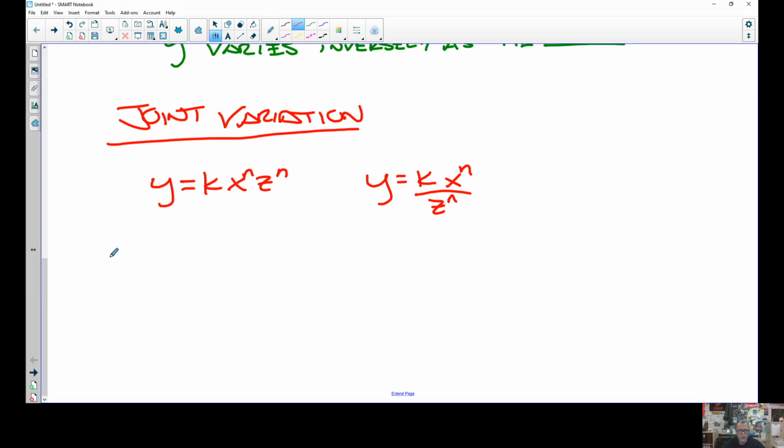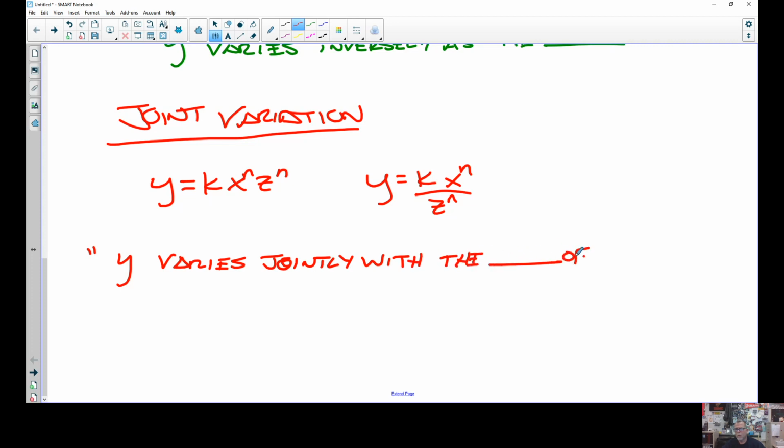And the way we talk about this is, when we read this, we say y varies jointly with the, again, blank of x, and the blank of z.